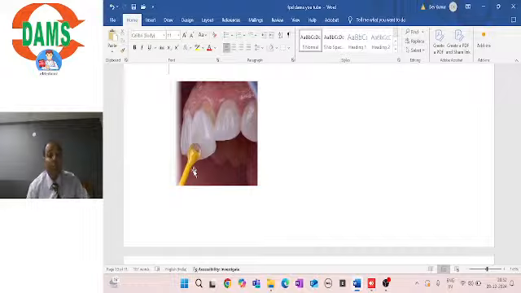It is because you might have used a dual cure cement where the tertiary amines are getting oxidized and discolored. How will the patient react? He will not react in a good way, and you have to repeat the whole procedure. So do not use any chemical component in the cement. Always use visible light cure resin cement for veneers. Got it?